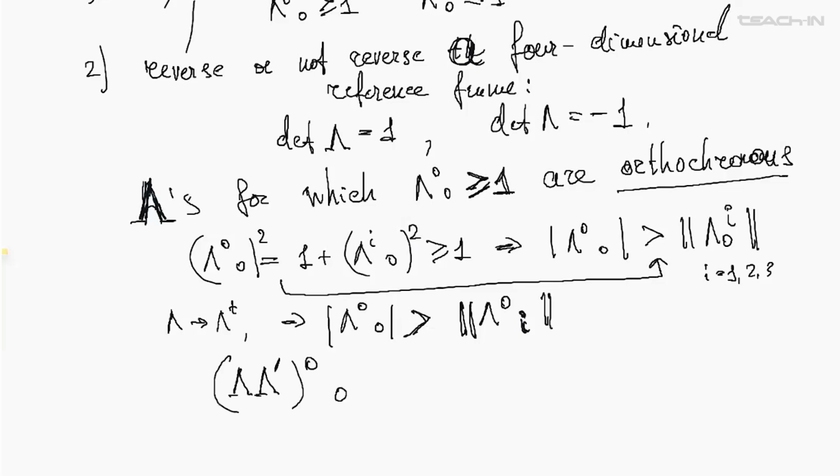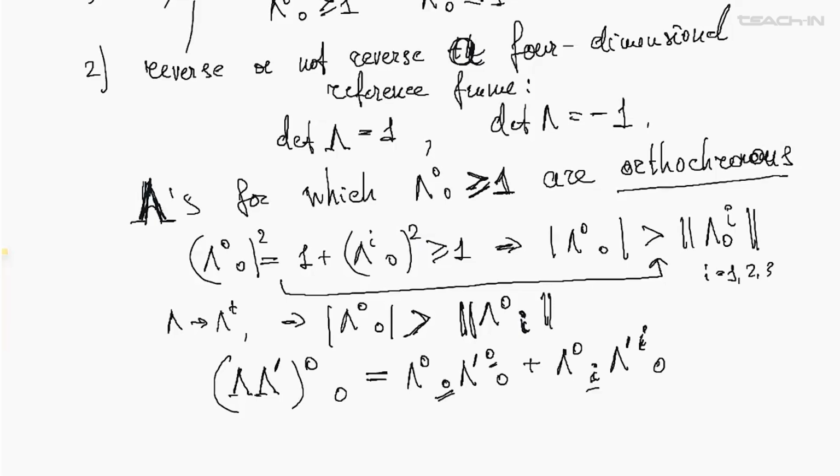You would write lambda 0, 0, lambda prime 0, 0, plus lambda 0 I, lambda prime I 0, right? It's a standard product of two matrices. So I'm summing over the internal index. Once it takes value 0, and another time it takes index I. So it's just the product of matrices here.